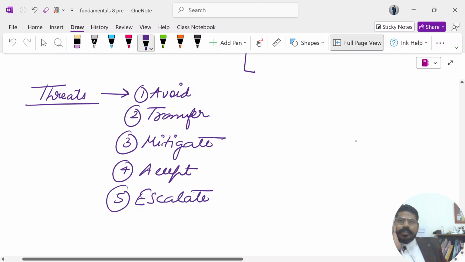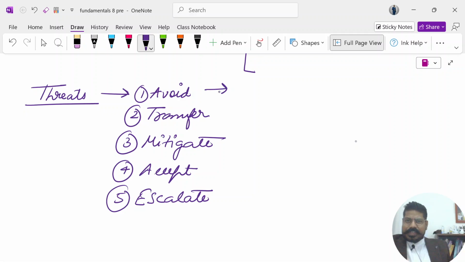An example of avoid is, let's say you are leaving from office at around 5 p.m. and that is the peak traffic hours. So you completely avoid leaving at 5 and you leave by 4, reaching by 5, you work from home, or you leave by 8. You completely avoided the 5 p.m. traffic.